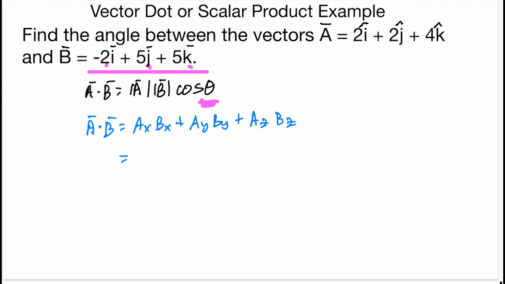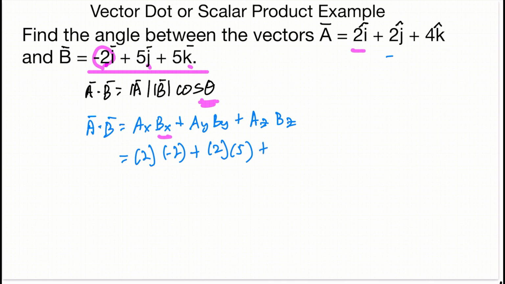So AX is 2, BX is minus 2. AY is 2, and BY is 5.